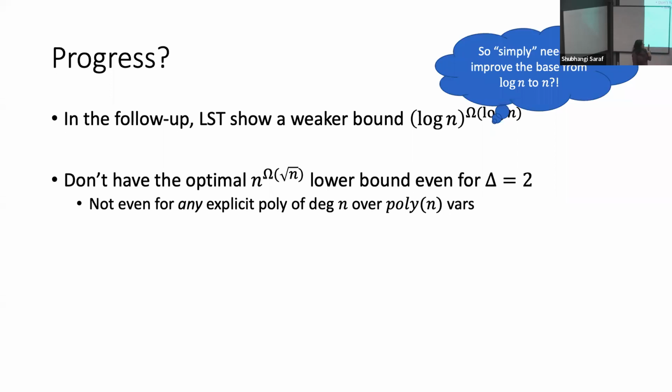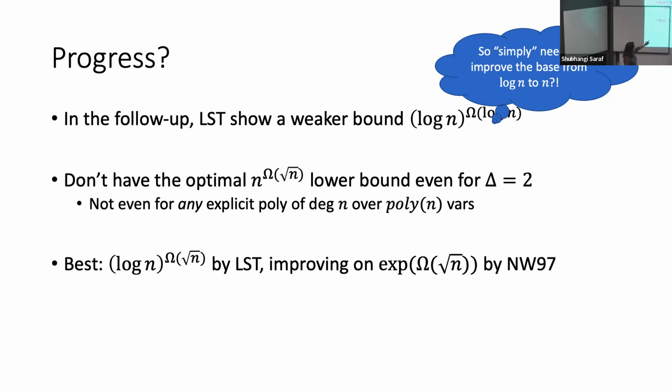It turns out that forget unbounded depth, even for constant depth we don't have optimal IMM lower bounds. LST were able to show, even for delta equal to 2, that we don't have the best IMM lower bounds. We don't have n to the root n. LST was able to get a log n to the root n lower bound for IMM.